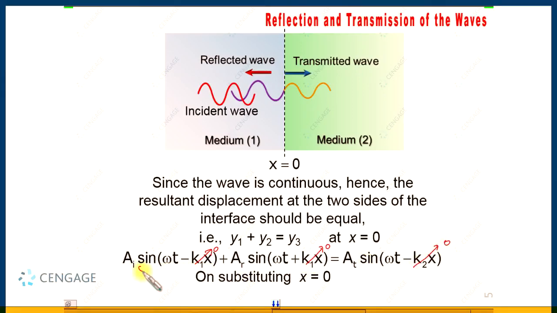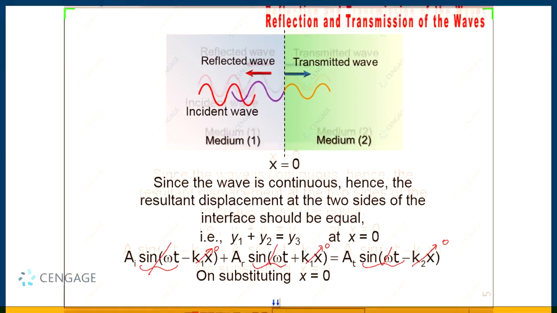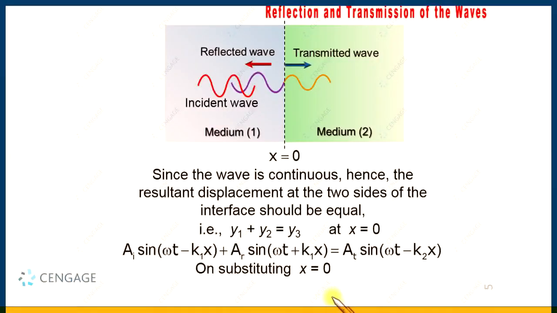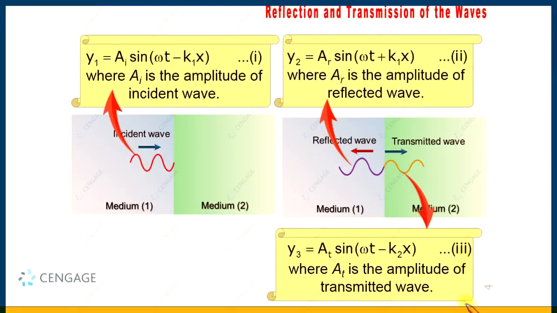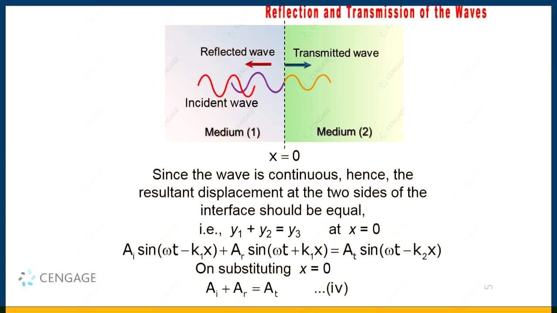That means we have sin omega t on both sides, and these terms get cancelled. Now we have a simple linear equation in terms of AI, AR and AT. We can write AI plus AR equal to AT. Let this be equation number 4, because we have numbered up to equation number 3.